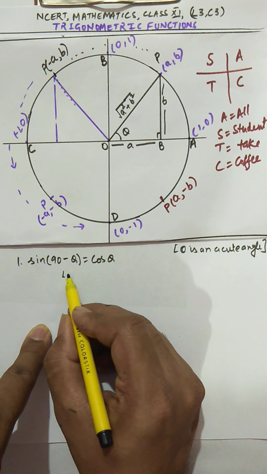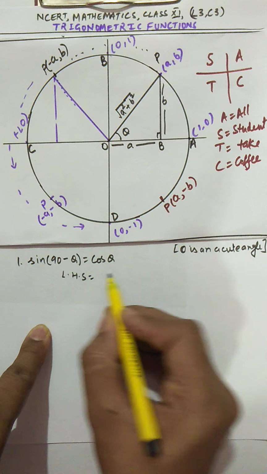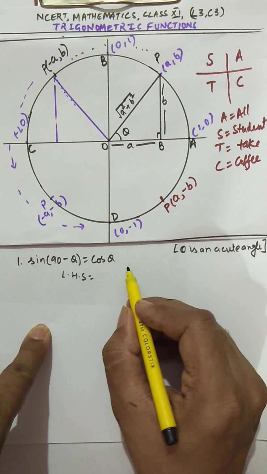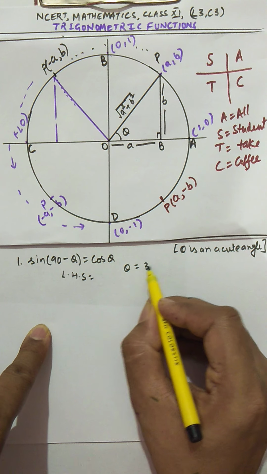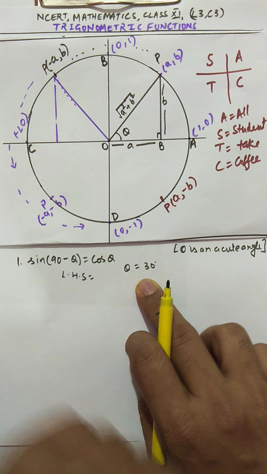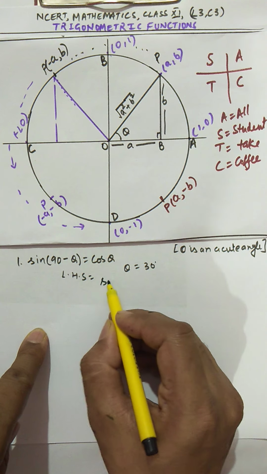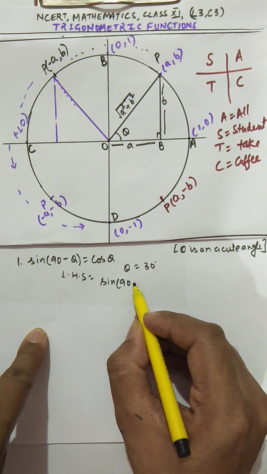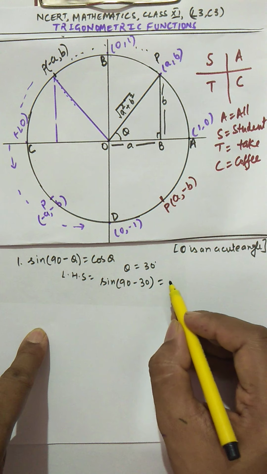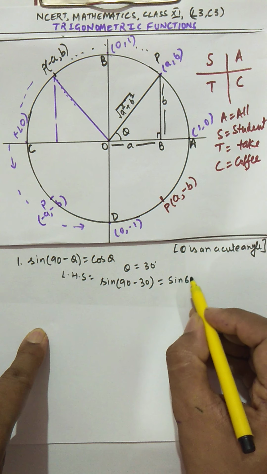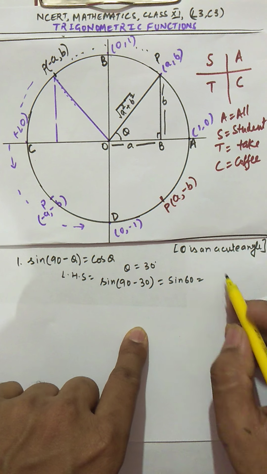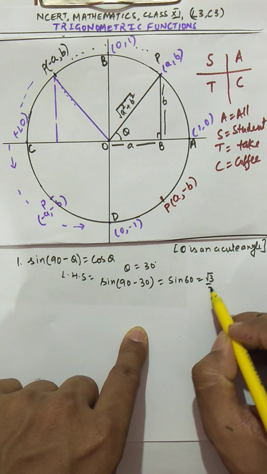So let's take the LHS, and for example I am taking theta equal to 30 degrees. You may take any value of theta, it's up to you. So your LHS will be sin(90 minus 30), which is sin 60 degrees, and you know sin 60 is root 3 by 2.